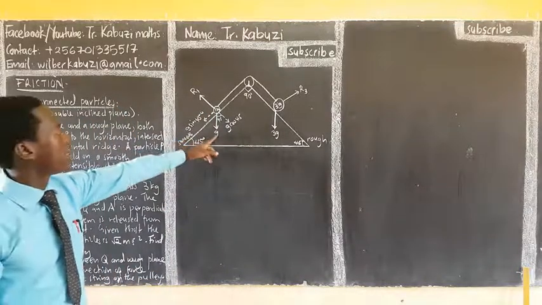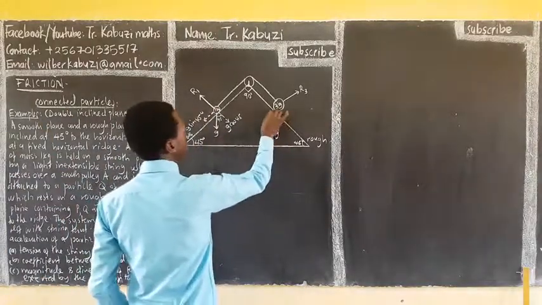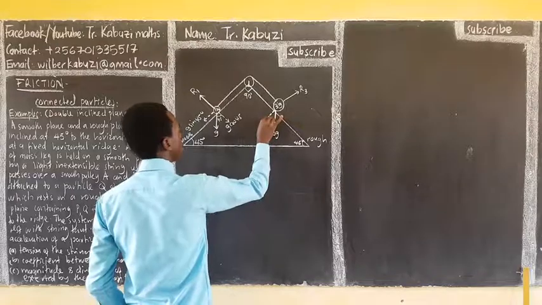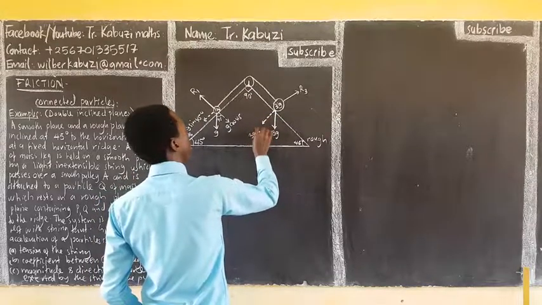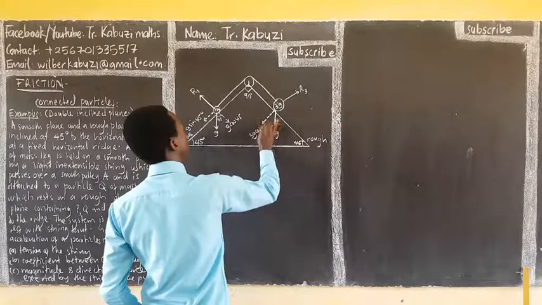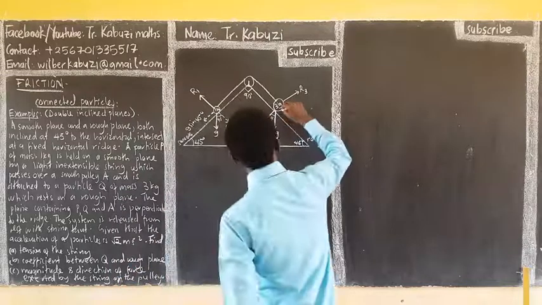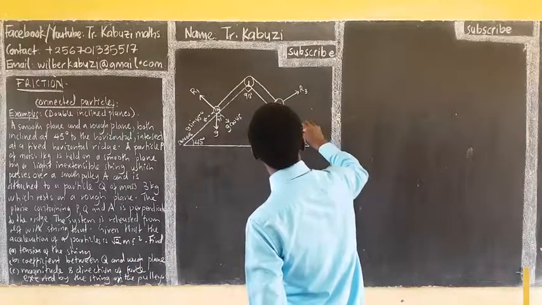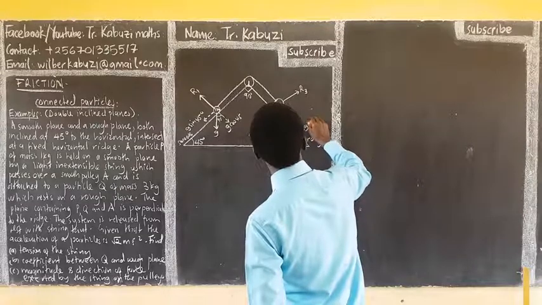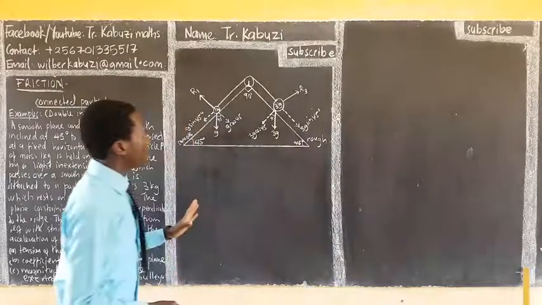We can also resolve this one this way. This one is going to be 3g cos 45, because that is going to be 45, and then this will be 3g sin 45 degrees.